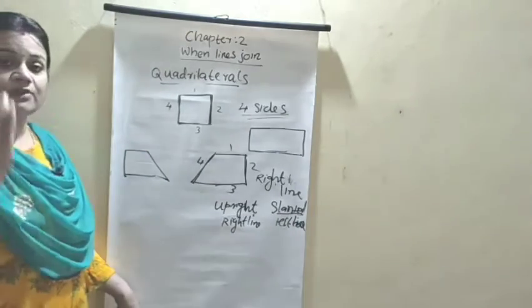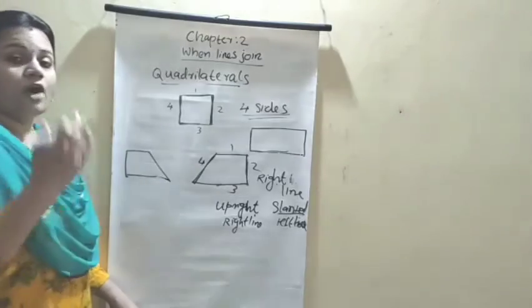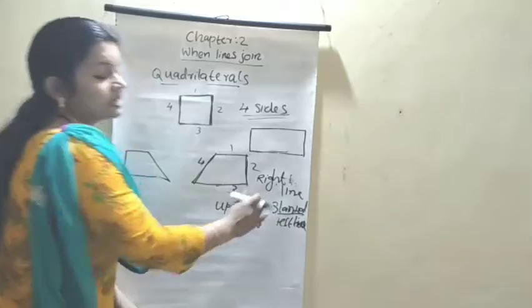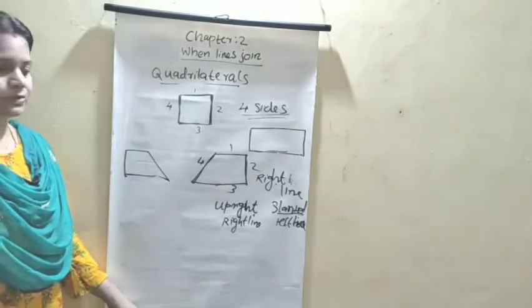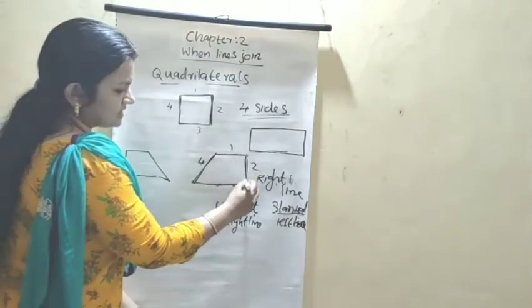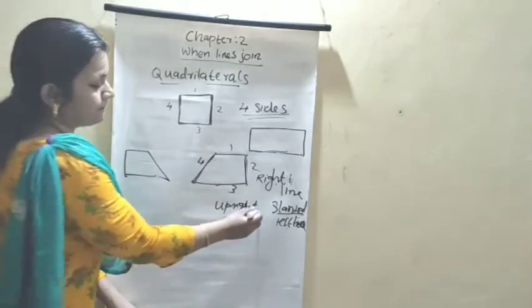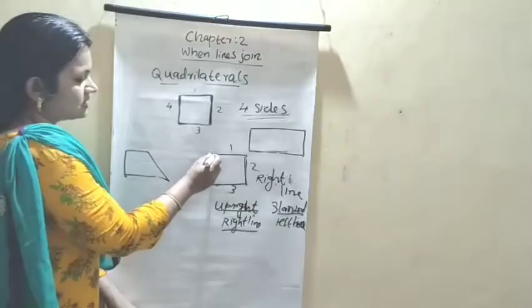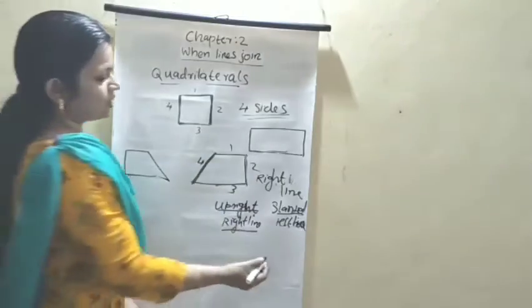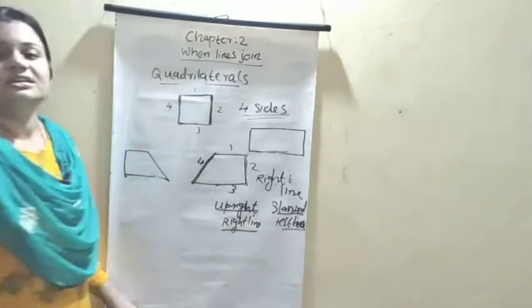Do you understand? So given so many figures, how do we find out which lines are upright or slanted? Understood? First check the right line. Right line means straight up, upright. This is the left line. Left line is slanted. So we can write left line is slanted.